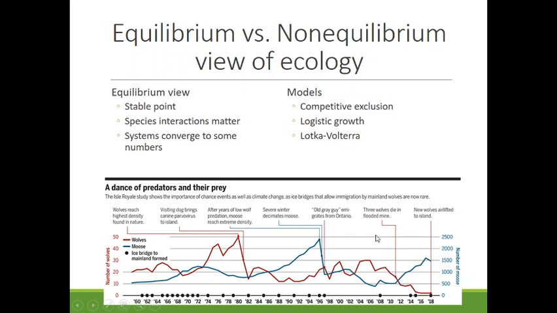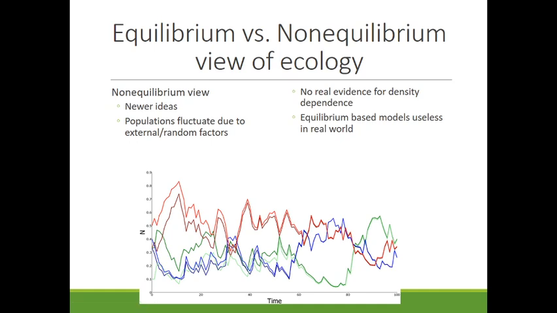So there are lots of things that can affect populations that are not just these density-dependent equilibrium processes. Combine that with the fact that, for a long time, there really wasn't that much evidence for density dependence.